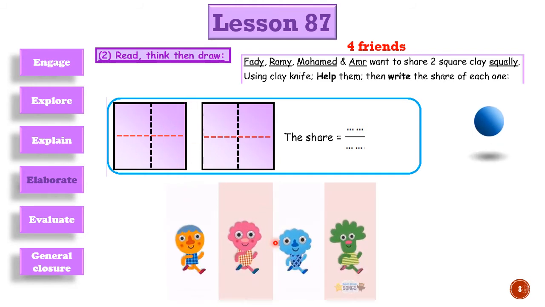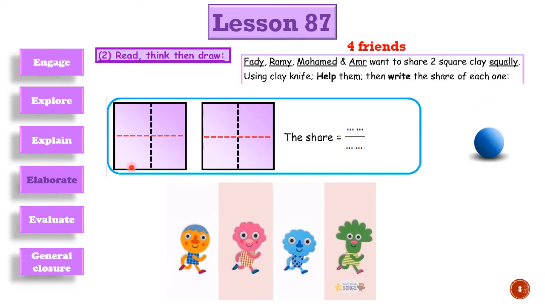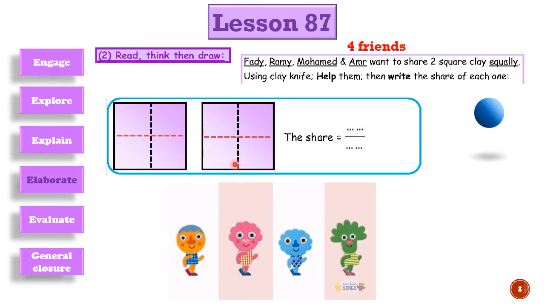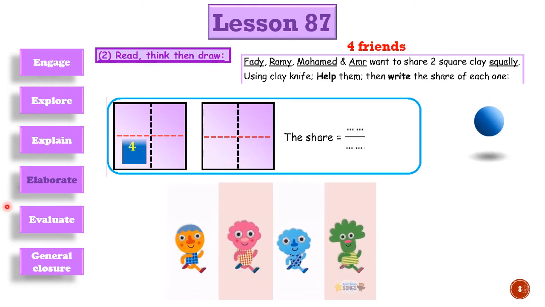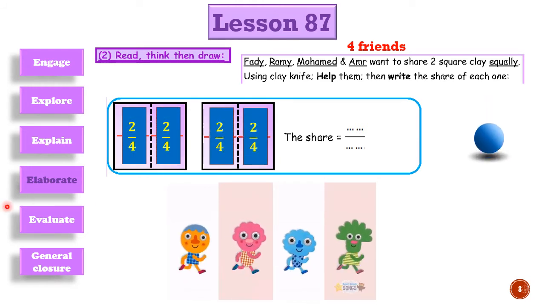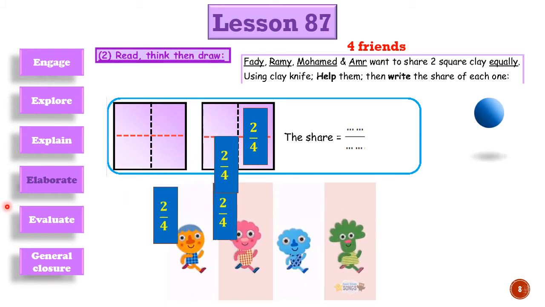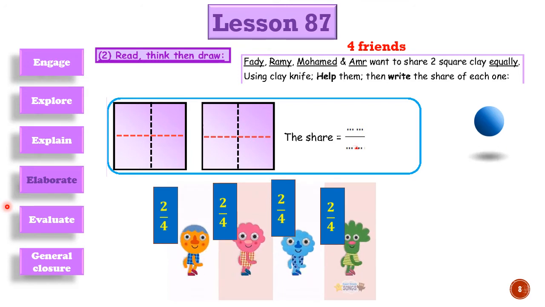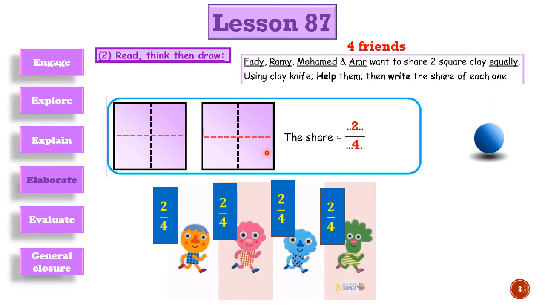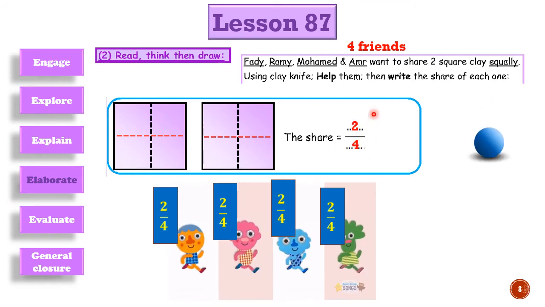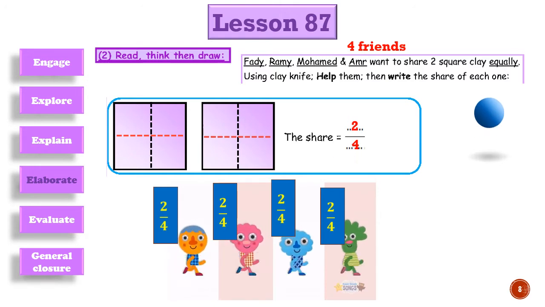Then each one of them will have how many parts? Yes, 2 parts out of 4, like this. 2 fourths. If I give the first one 2 fourths, and second, and third, and fourth, is anyone left here? No, then the share of each one will be 2 fourths.